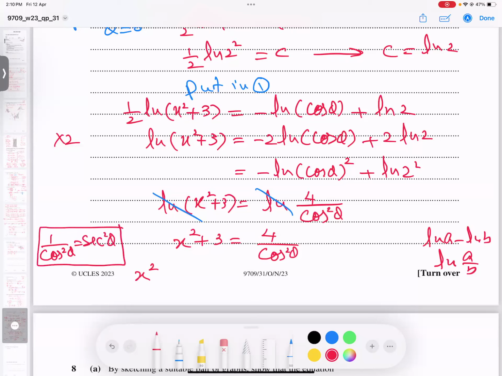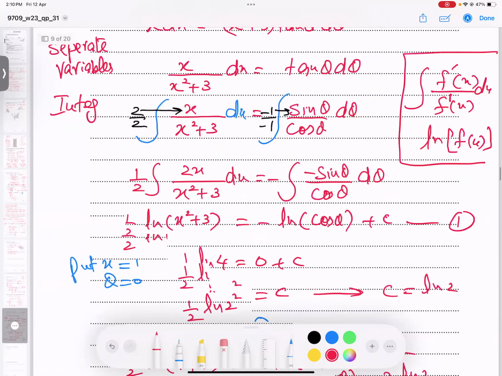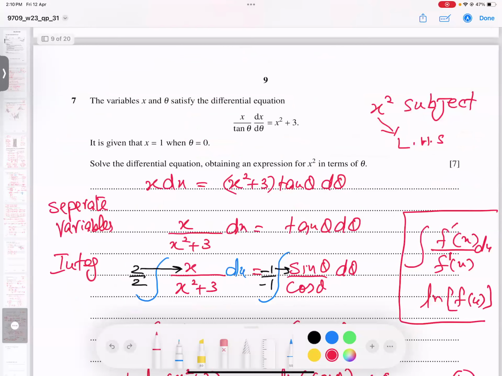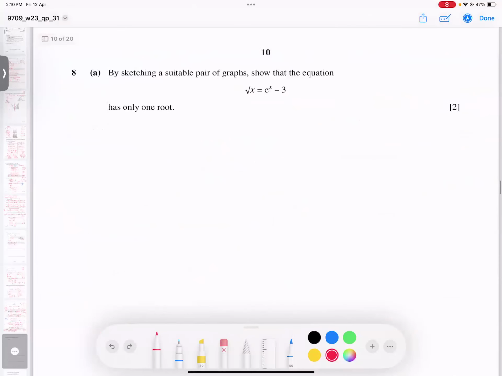You write this format or you don't write, no problem, not a big issue. So 4 secant squared theta minus 3 is my final answer. And I believe you got the point clear. Because he was saying convert, make x squared the subject. So question number 7 is over.